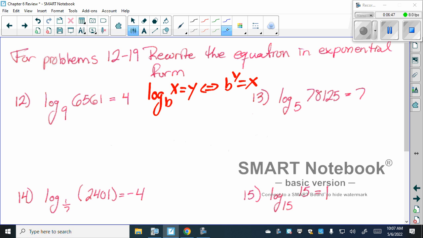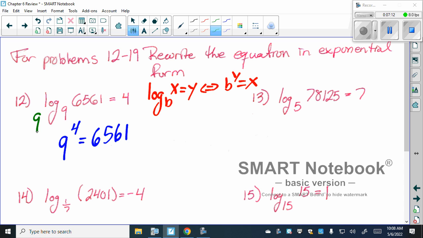So, number 12, log base 9 of 6,561 equals 4 would rewrite as what? If I put 9 to the log base 9, what do we know with that 9 and log base 9?